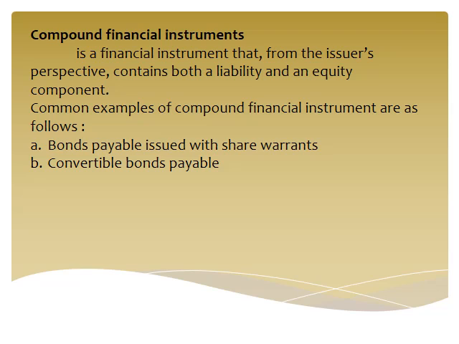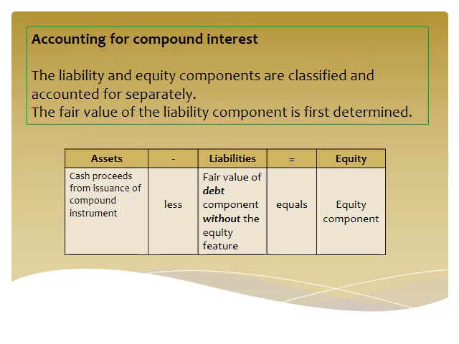That is why it is called compound, because there are two instruments, the liability and the equity. So, bonds payable issued with share warrants and convertible bonds payable. Let's discuss the two examples of compound financial instrument.